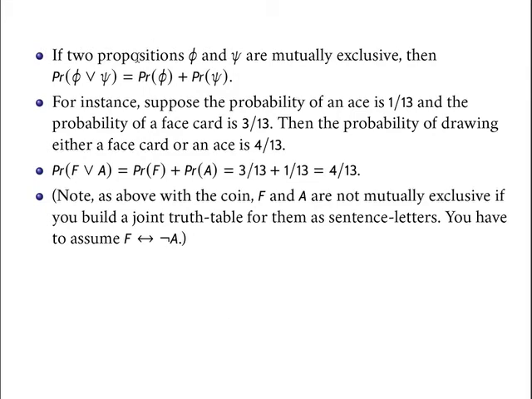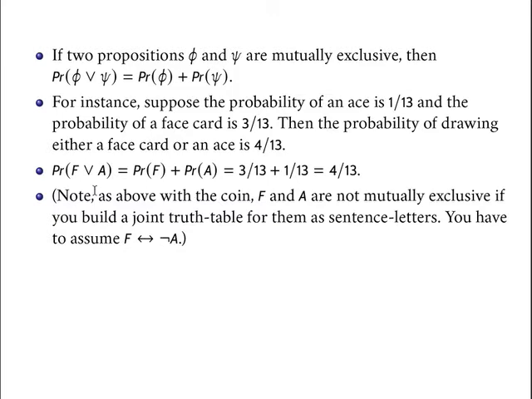So in these rules that you've seen now and some more you'll see to follow, you can draw on your ability from the previous unit to test whether two sentences are, say, mutually exclusive, that is, inconsistent. Or you can draw on your ability to test whether a sentence is a logical truth, and in that case, you know that it has the probability 1, say. But in drawing on that ability, when, for instance, constructing a truth table to verify these things, it's crucial that you understand that in our current applications we're making certain abbreviations.